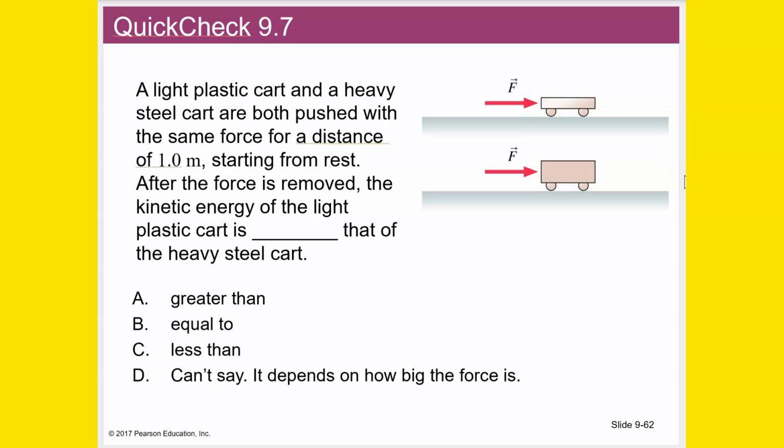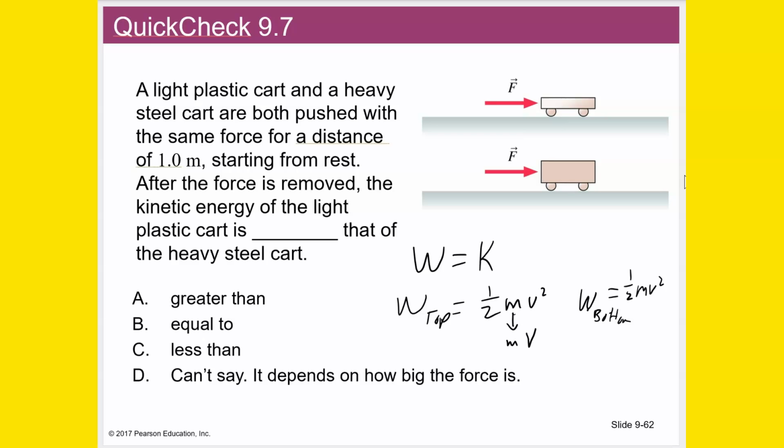And if the same amount of work is done, and if we set the work equal to the net kinetic energy, then for the top one, it's going to be 1/2 mv squared, and for the bottom one, it's going to be equal to 1/2 mv squared. But the top one is a smaller m.